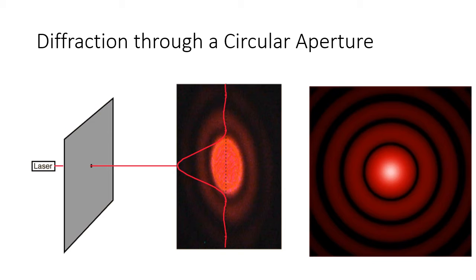I've got a couple of images there of that. This disc with a central bright area and then faint circular side fringes has a name. It's called an Airy disc, and you're expected to know that name for your exam.